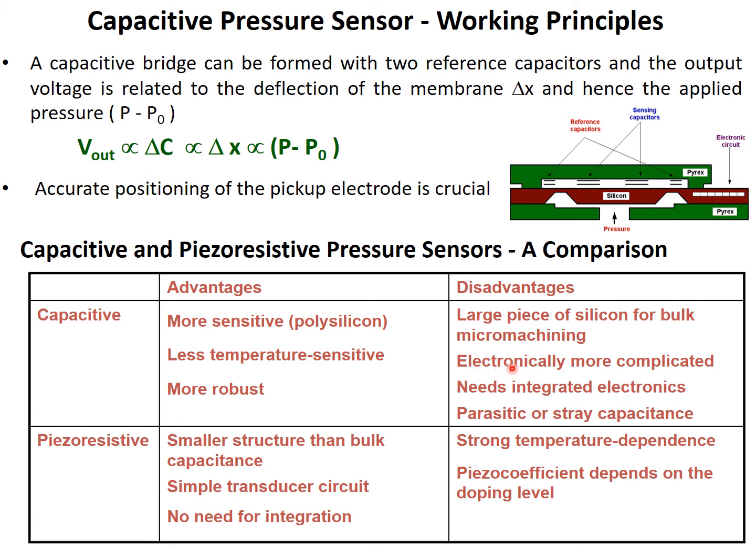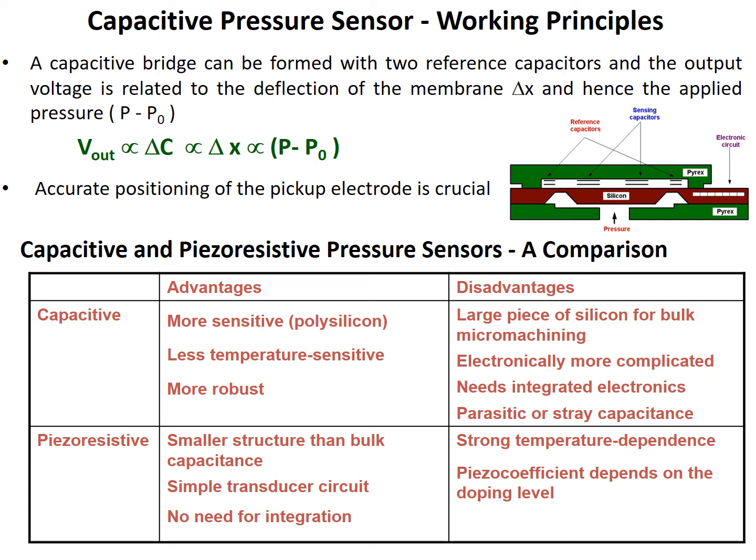Then electronically the circuits are a bit complicated with respect to the resistive one. We need some integrated electronic circuits, and the main issue is that the parasitic or stray capacitance effect will be there, right? So this is the relative advantage and disadvantage of the capacitive type pressure sensors.